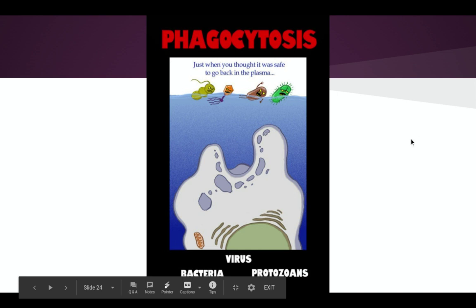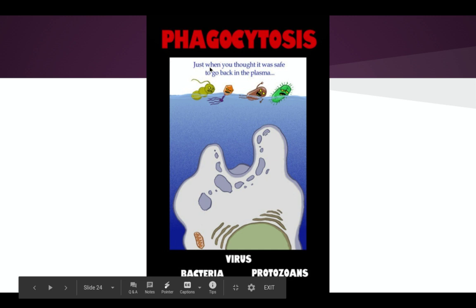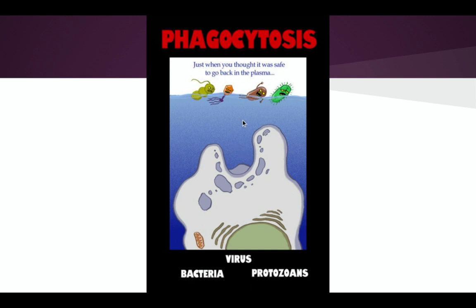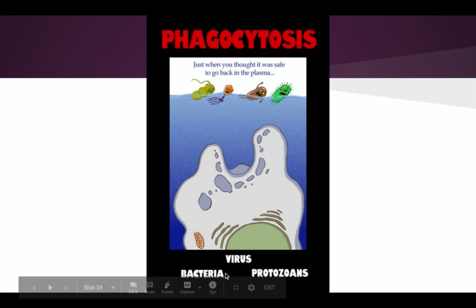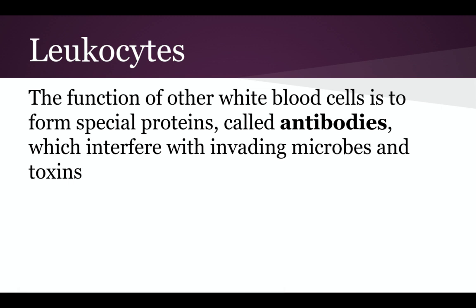So we have a phagocyte. Just when you thought it was safe to go back in the plasma, these are invading microbes, and this phagocyte is going up to eat them. The function of the other white blood cells is to form a special protein called antibodies, which interfere with invading microbes and toxins.